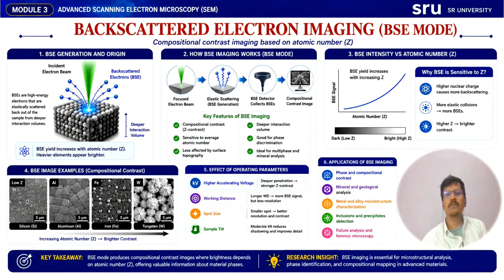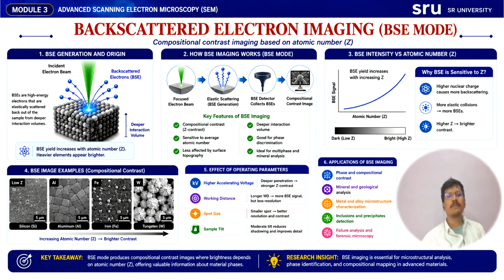As shown in the graph, you can see the backscattered electron intensity increases with atomic number. Therefore, the regions containing heavier elements appear brighter, while the regions containing lighter elements appear dark in the SEM image.